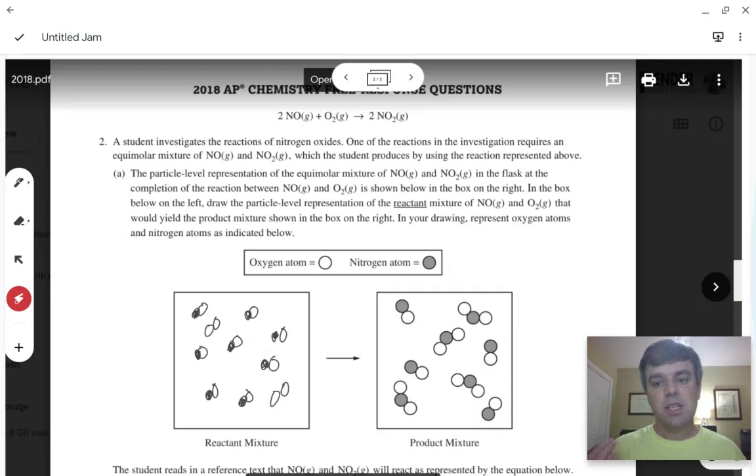And this is going to be an important thing when we get into stoichiometry, which we're also going to be doing in this unit, where we're looking at relationships where you need twice as many nitrogen monoxides as oxygens to do this reaction in full. But we don't have that necessarily. We had 4 times as many nitrogen monoxides as we did oxygens.